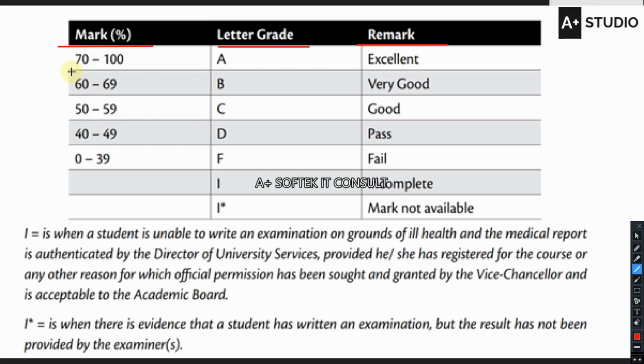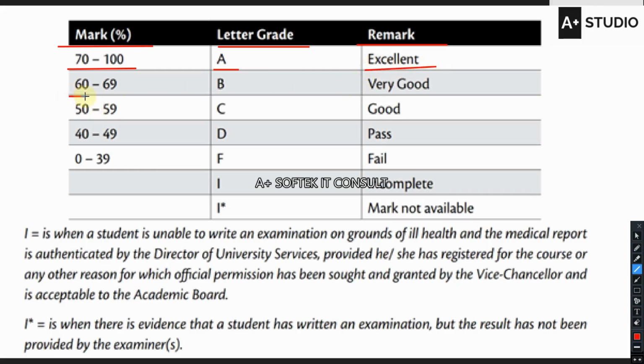If a student gets 70 to 100, that is, continuous assessment together with the end of semester examination making 100%, the student is supposed to get an A, and an excellent as a remark.